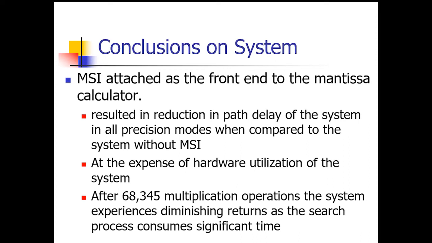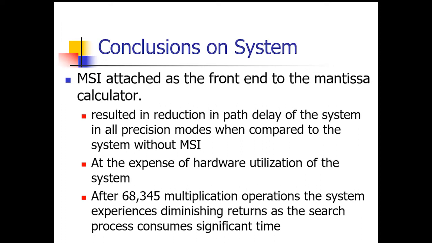Now, one other thing is that after a certain amount of multiplication operations, which I calculated to be about 68,345, the system begins to experience diminishing returns, because for every multiplication operation, something has to be stored about that operation for future reference.